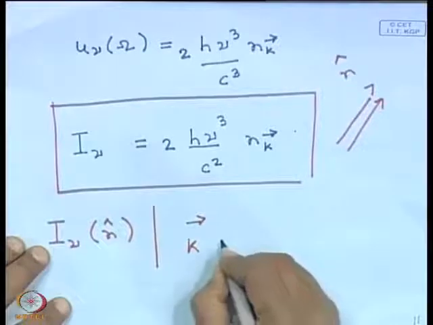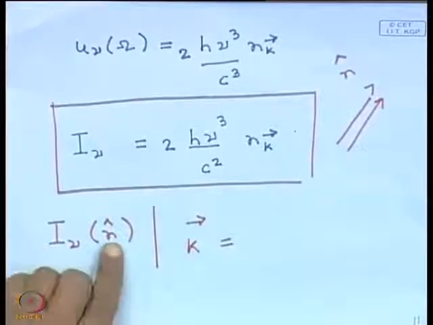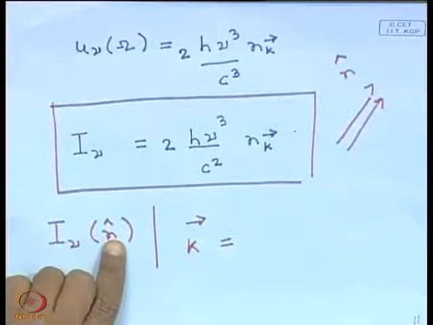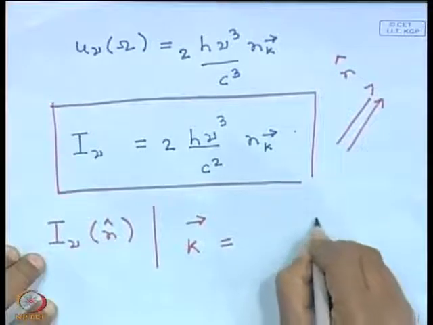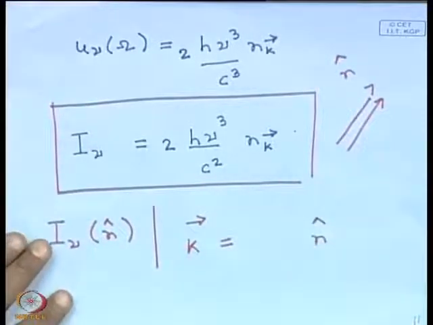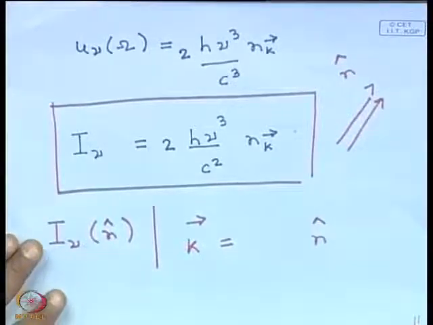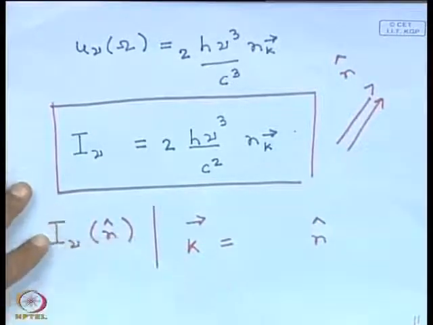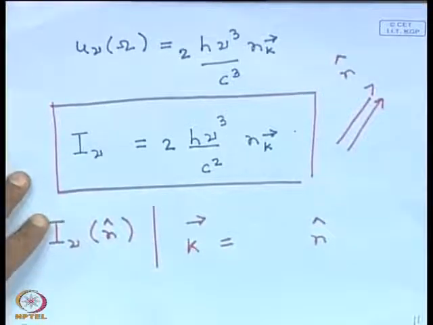So, the direction of this, it is obvious, is going to be the same as the unit vector n. That is the direction in which the ray is propagating, and the magnitude is going to be 2 pi omega, and omega we know is c into k.